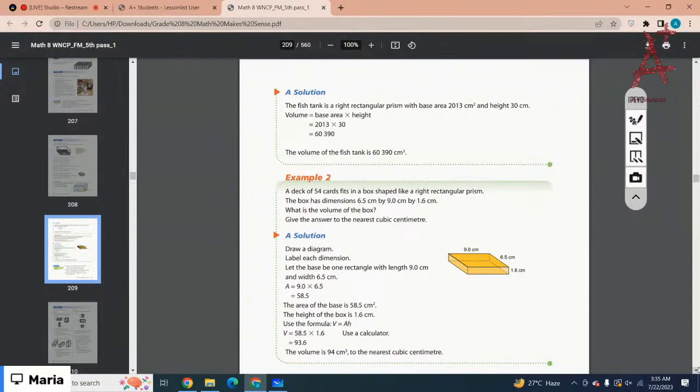The height of the box is 1.6. In this case, the volume would be A times H. So the area is 58.5 times 1.6. So that would be 94 centimeter square.